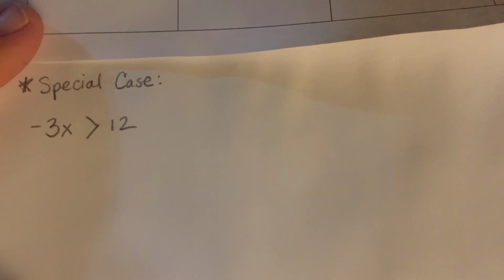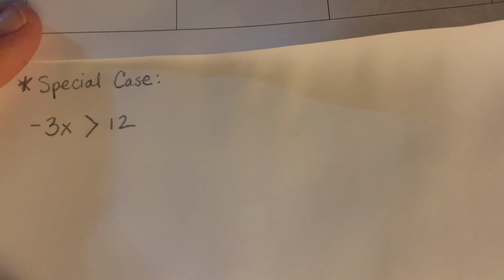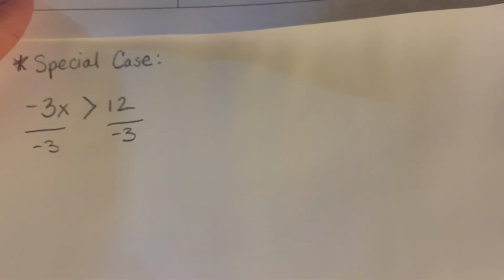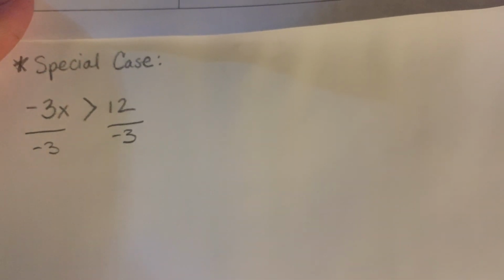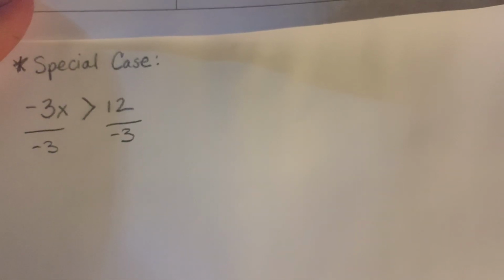So we have this special case. And the reason this is a special case is because of basically the first step I have to do. This is a one-step inequality. But this one step that I have to do involves dividing both sides by a -3. Whenever I divide both sides by a negative, what's going to happen is it's going to change the inequality.